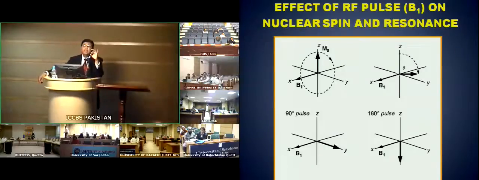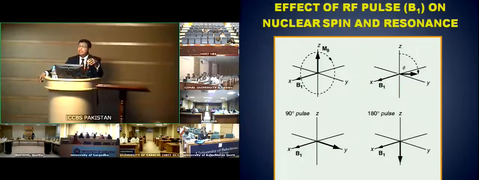So for me, it is a 90 pulse rather than 2.5 microseconds, because you can have a different duration in different equipment. The only thing I want to make sure is that you have the capacity of bringing this magnetization vector from a longitudinal axis to the transverse axis. This is called a 90 pulse.